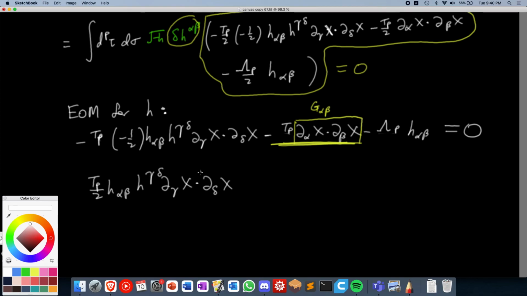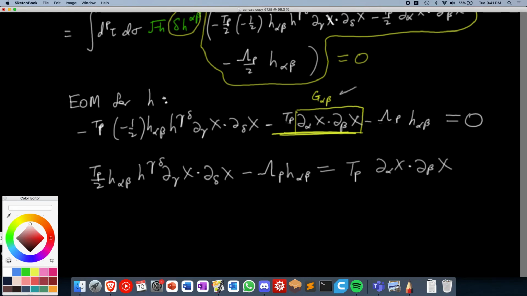This dot product is actually a contraction of indices like that.